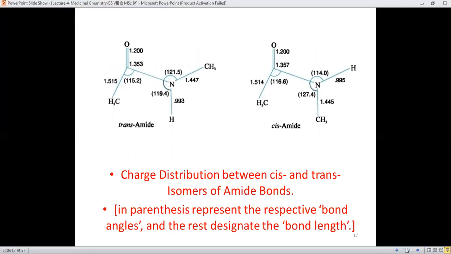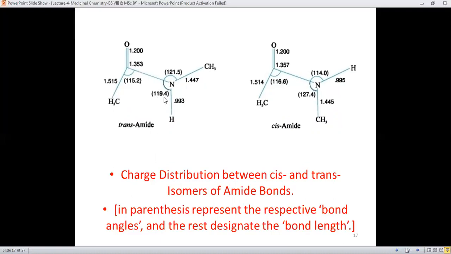For trans, the angle is shown in the parenthesis, whereas the other, like 1.515, is the bond length between these two. Here is the angle. Again, you can see from here, in case of cis, this bond angle is 116, but it's 115 here in case of trans.